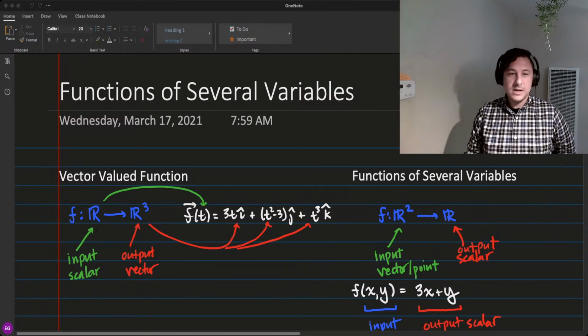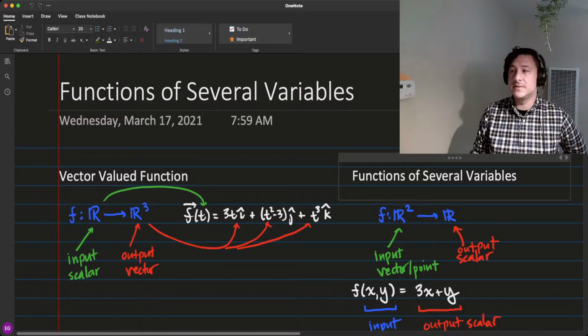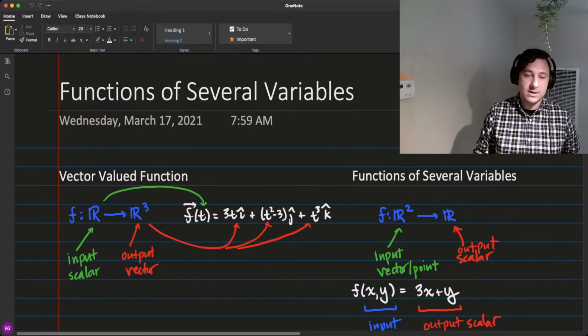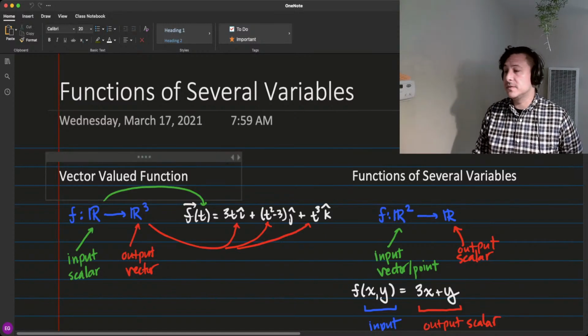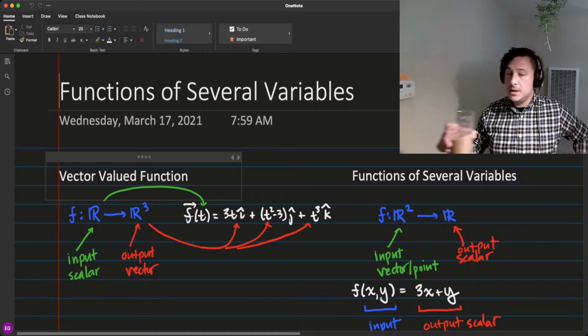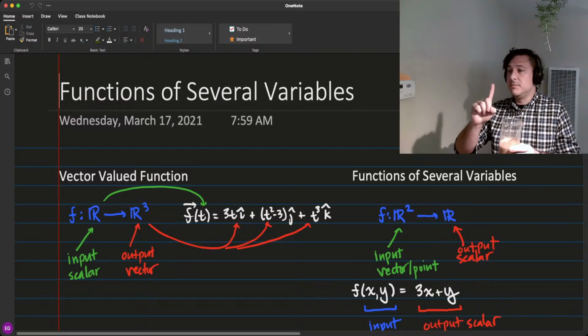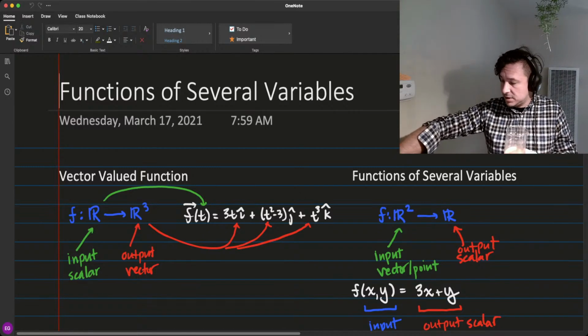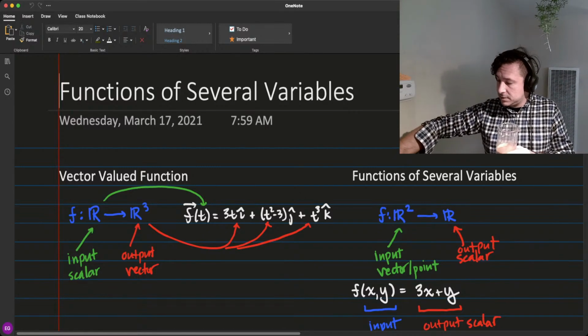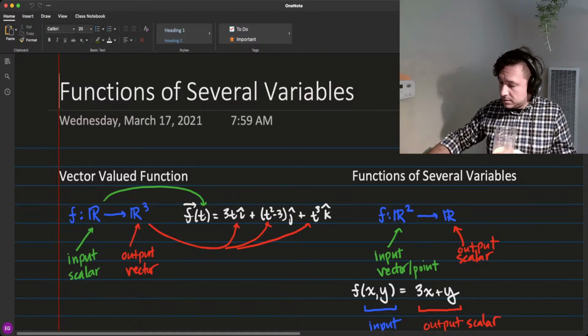Oh, perfect. Okay. So we left off with functions of several variables. So I guess the thing we should talk about is just remind ourselves of all of these things because it's been a while. If you remember vector valued functions, they have a single input. Let me turn on my Wacom so I can highlight stuff.